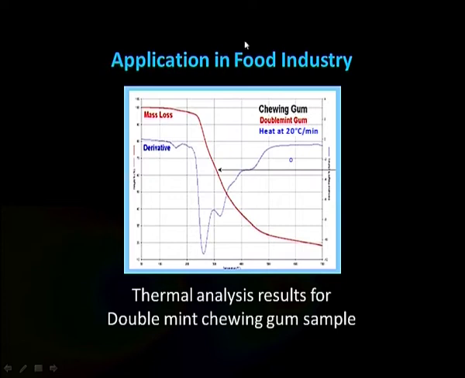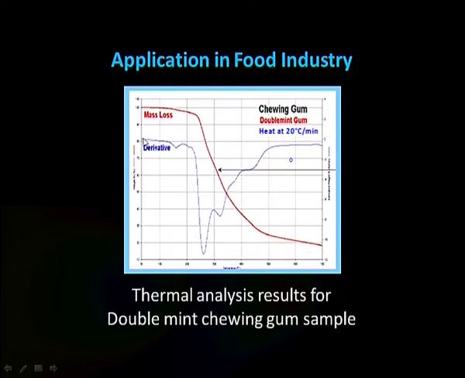Here you can see the red curve represents the mass loss. Up to a certain temperature the mass loss is insignificant, and then a sharp increase in mass change occurs with increase in temperature.